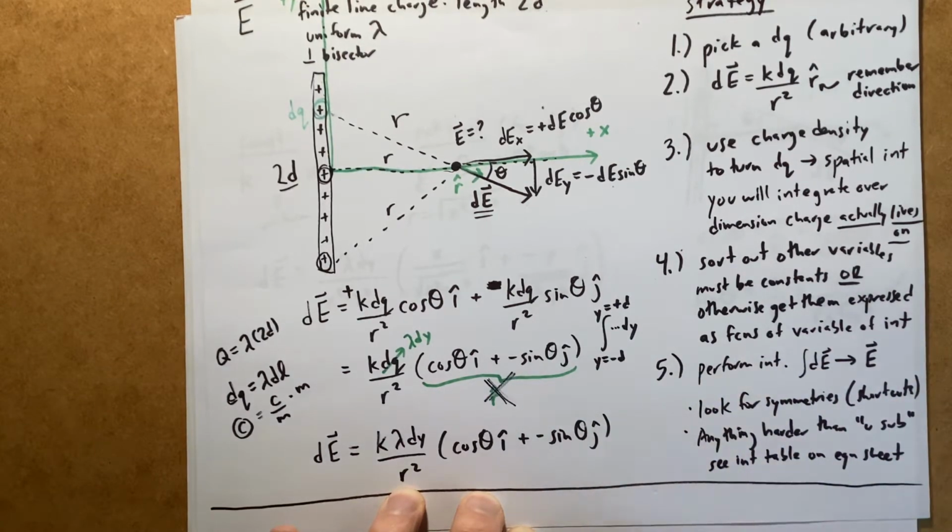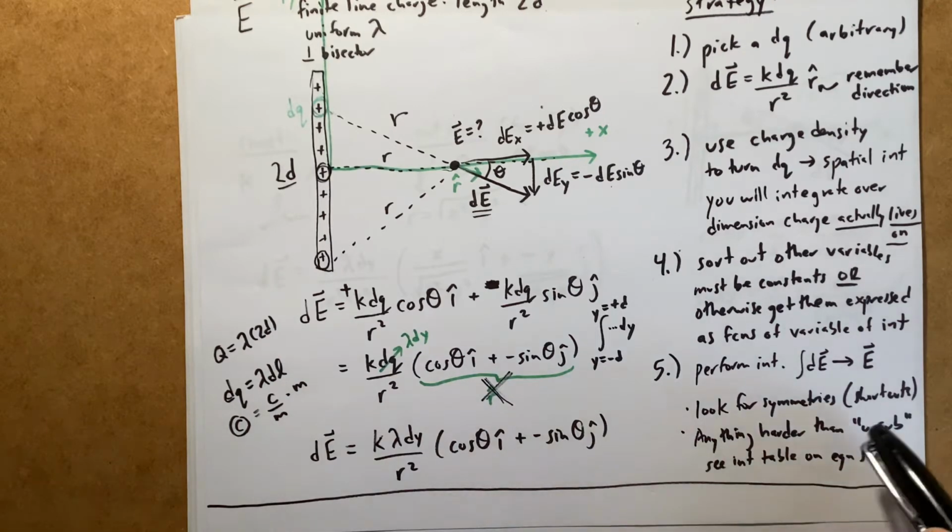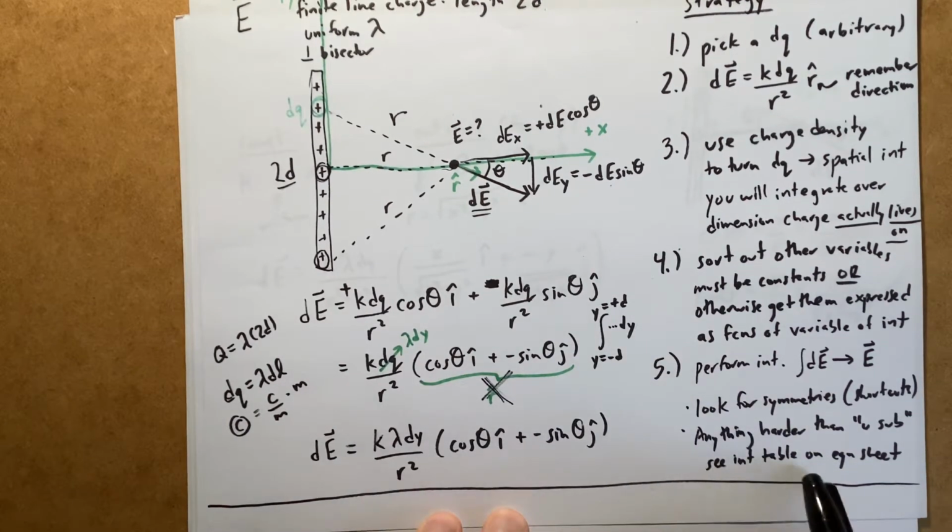And then this is not ultimately a math class, so if there's anything harder than what I call a U sub, I think it's called that with every math instructor, but if you see anything harder than a U sub for the integration, you don't have to sit there and do it. There is an integration table on the equation sheet.